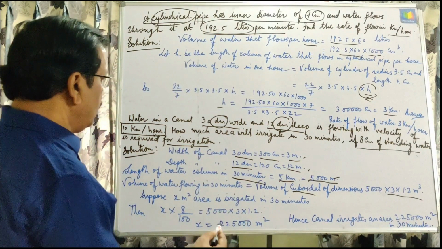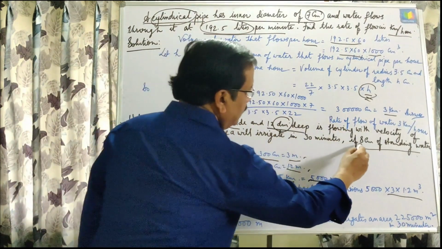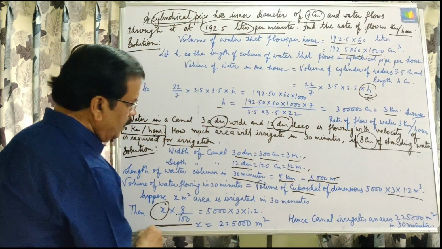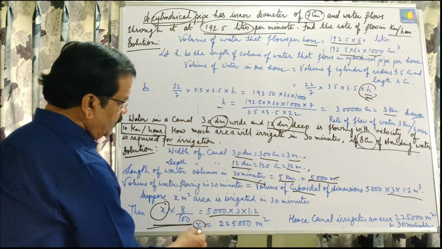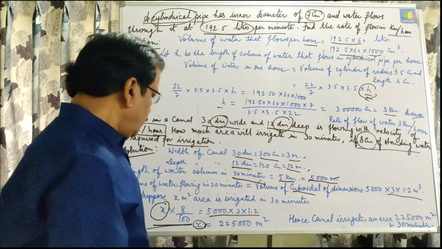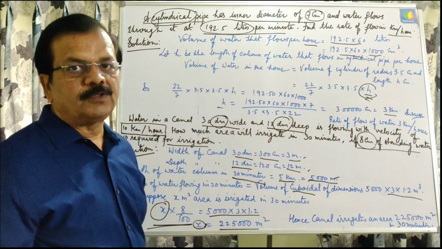Let that area be x, multiplied by the height of standing water. This is also a volume, and we equate the two, so that we can get the area irrigated by the canal. And this is all about this question.